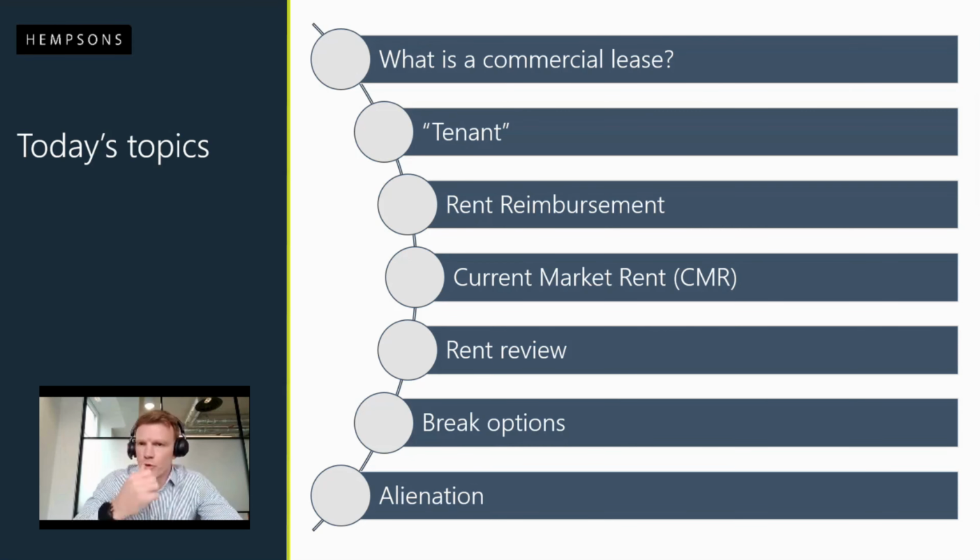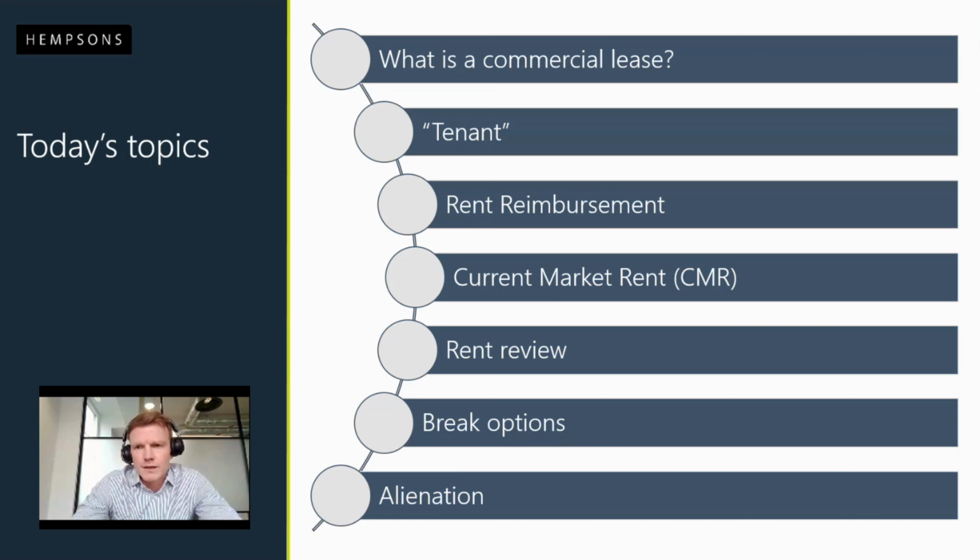I'll just flag before we get into it, when it comes to lease negotiations, it's advisable to seek expert advice, both from a solicitor and a surveyor or valuer, as early as possible to make sure that your lease is well negotiated, not just to include the GP specific terms that we're discussing here, but to make sure the deal overall is a fair and balanced one.